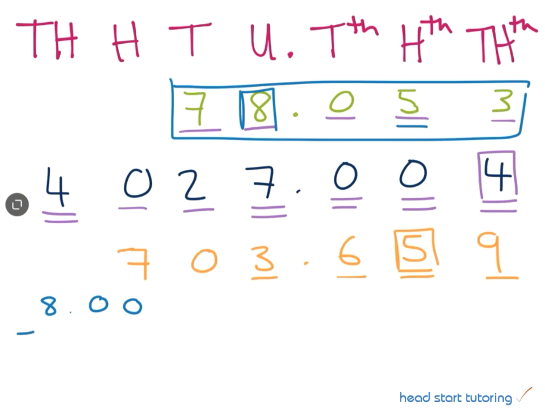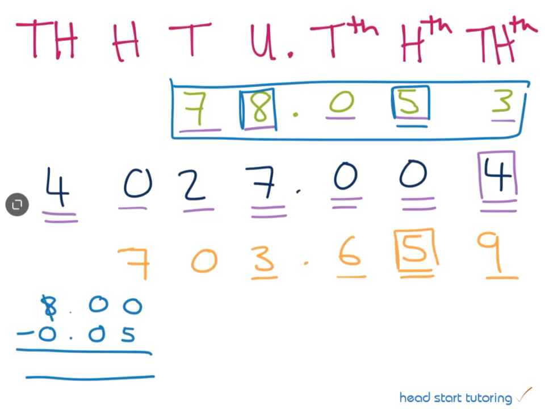Then I minus, because difference means I need to minus, 0.05, because the value of our 5 is 5 hundredths, which is 5 over 100, equal to 0.05.